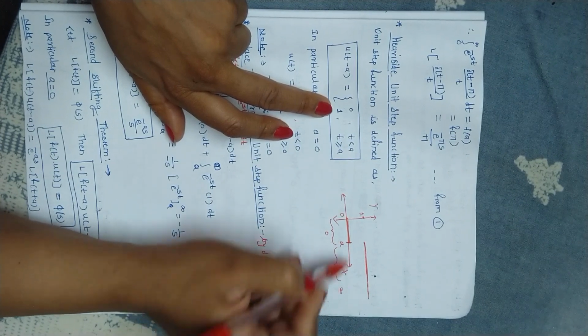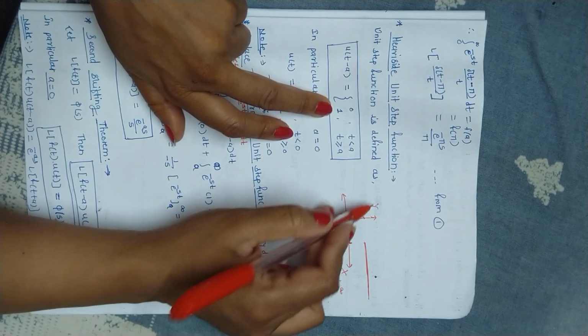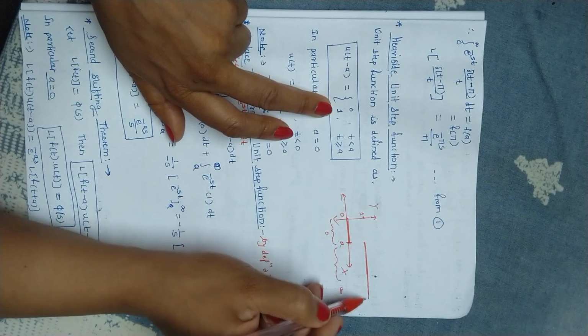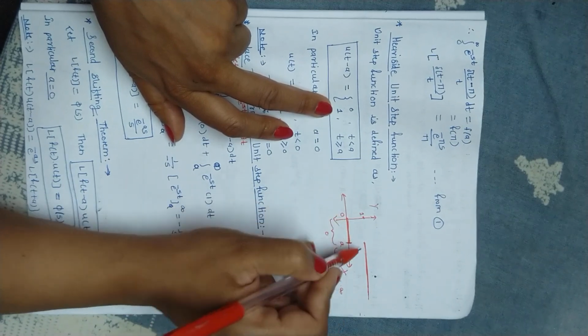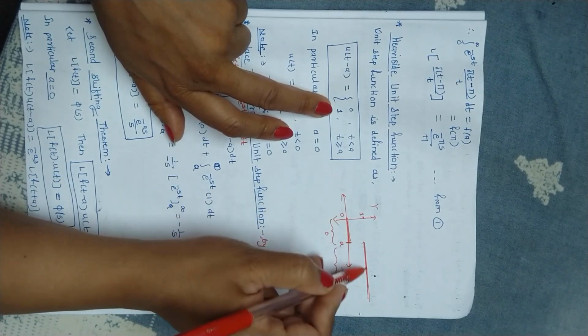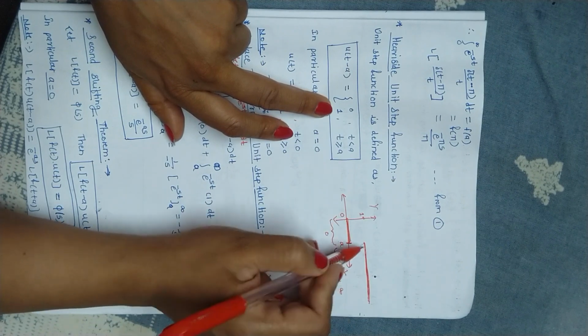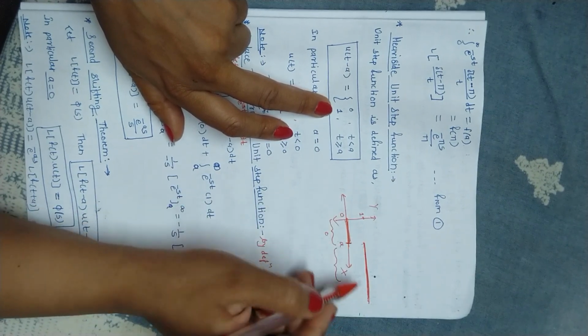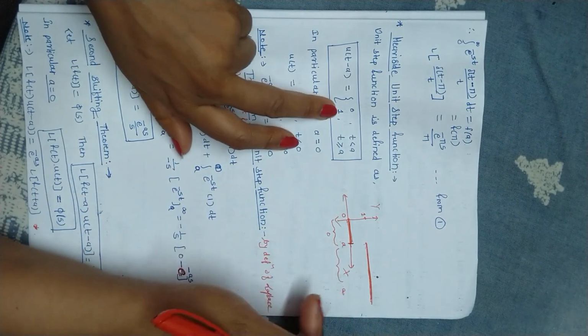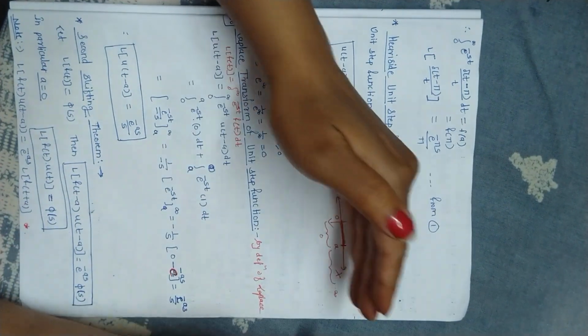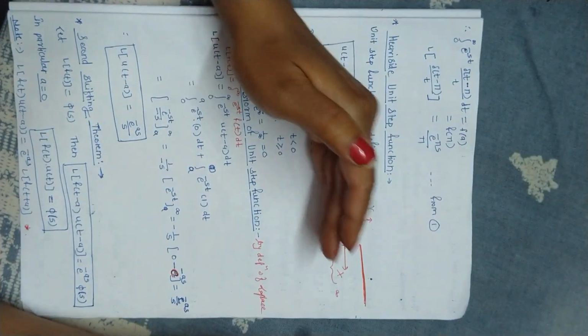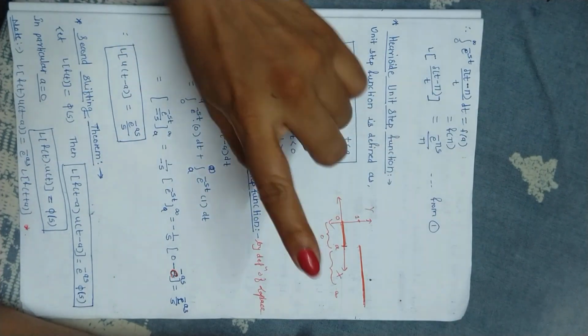For these values, the value of the function, y equal to f(x), is 1. This is the graph of this function. Look at this graph. These are steps. First step, second step, like this. That's why it is called a step function.